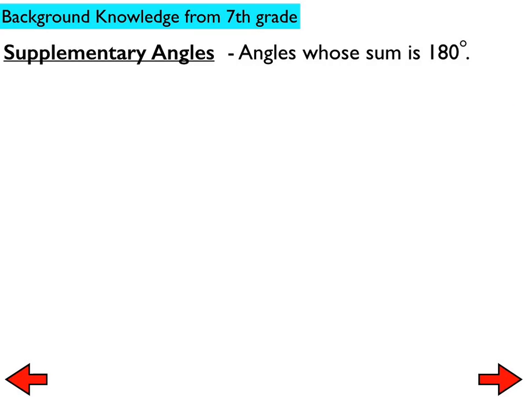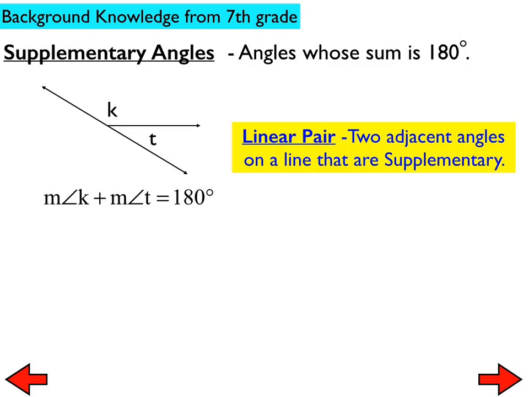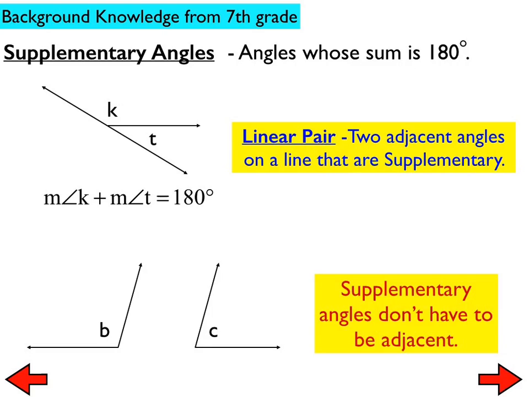Then from there, you went to supplementary angles. Supplementary angles are angles whose sum is 180 degrees. Many times, they're adjacent, like in this picture, to make a straight line. When they are, we call that a linear pair. But supplementary angles, like complementary, don't necessarily have to be adjacent. They just have to add up to 180 degrees.